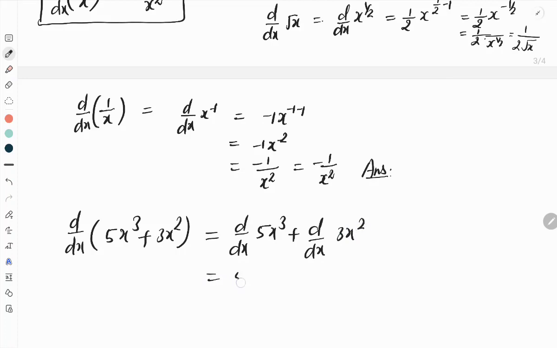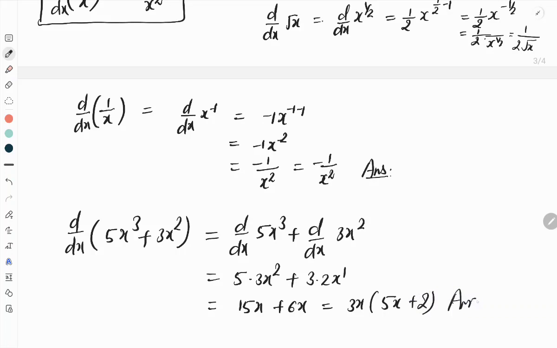So 5 outside, the derivative of x cube is 3 into x square, plus 3 outside, the derivative of x square will be 2 into x power 2 minus 1. So it becomes 5 threes are 15x square plus 6x. I can take 3x common: 3x into (5x plus 2) is the answer. I hope in this one no problem to you.